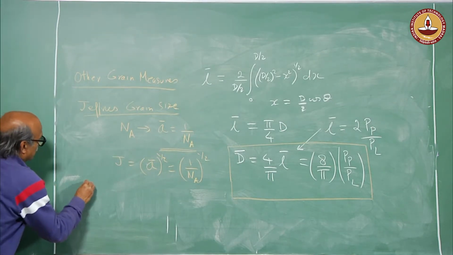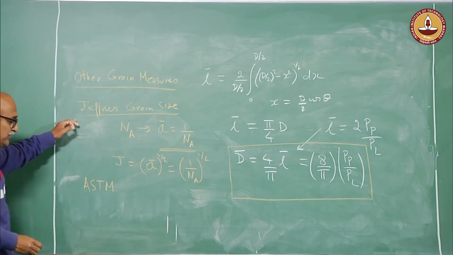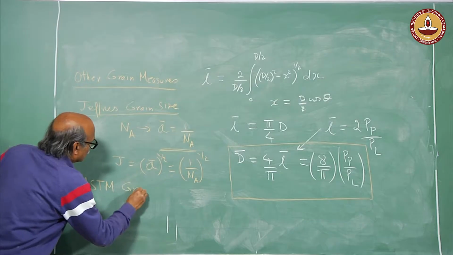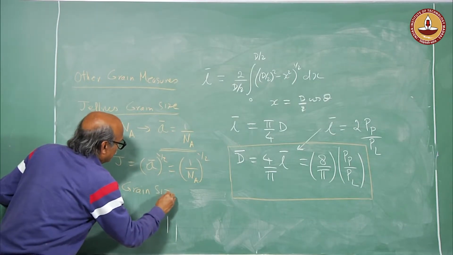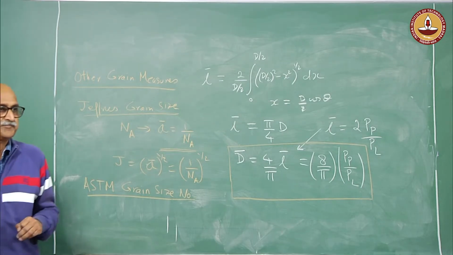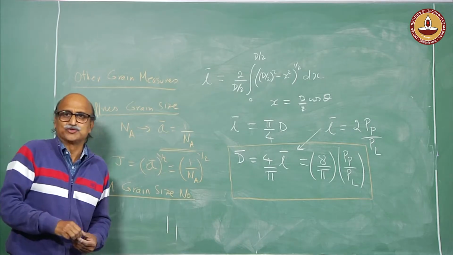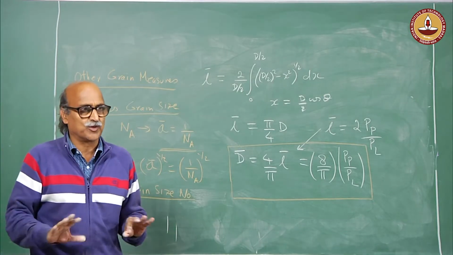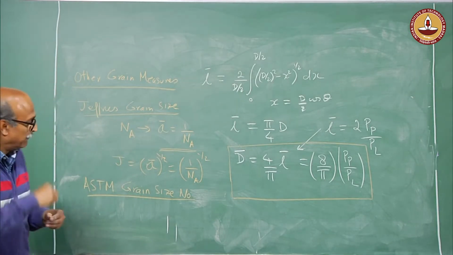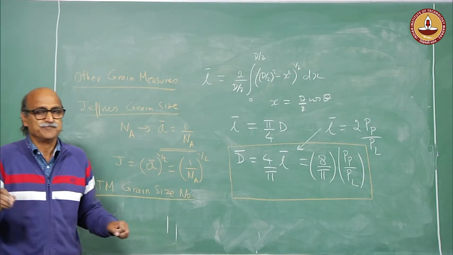There is another important measure, probably more important than Jeffreys, called the ASTM grain size number. This is a very old measure. It is not very useful if you are doing structure property correlation, but I am mentioning this because it is still used in industry.